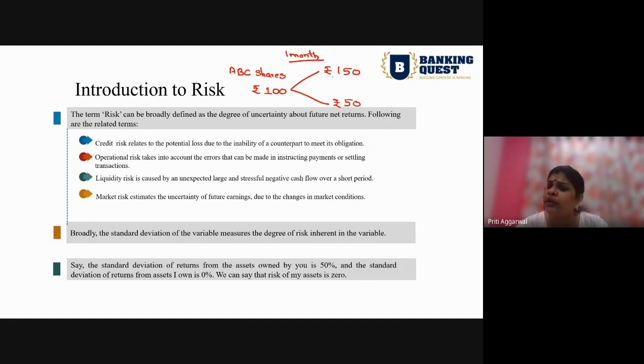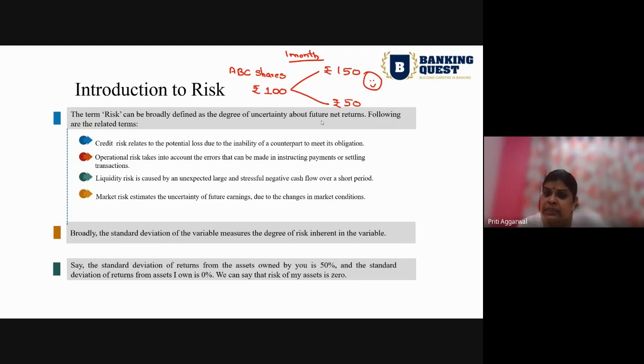If it goes to 150 per share, definitely I will be a happy person, because that is something which is expected. Whenever we buy a particular security, our anticipation is that the share price should rise, so that I can make good profits.